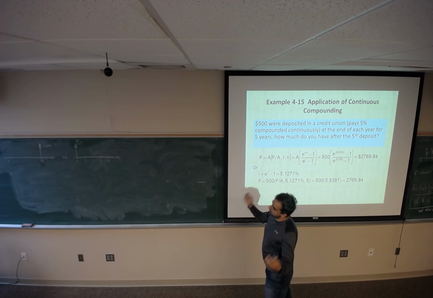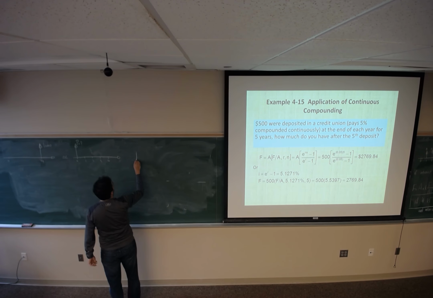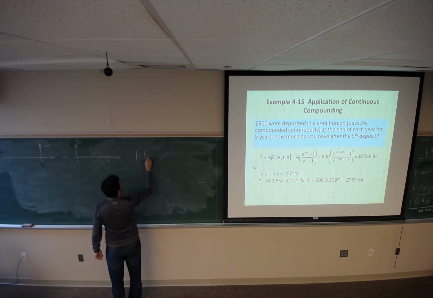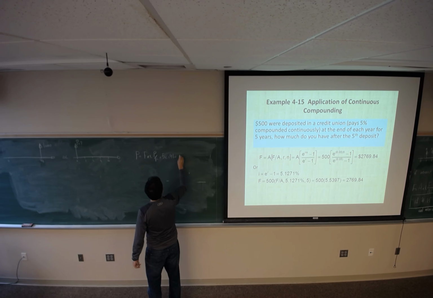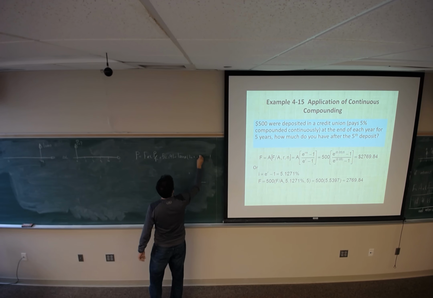Simply we can find, I'm looking for P, F times P over F, i is 5%, n is 4, or 1,000 times (1 plus 5%) to the power negative 4.